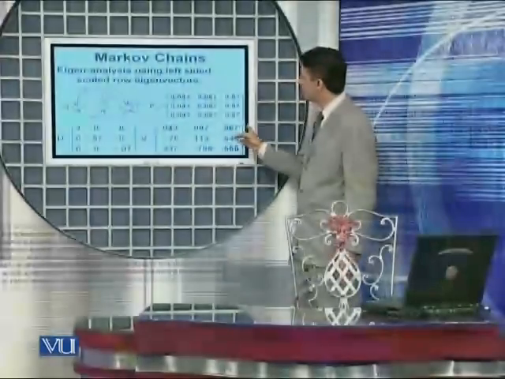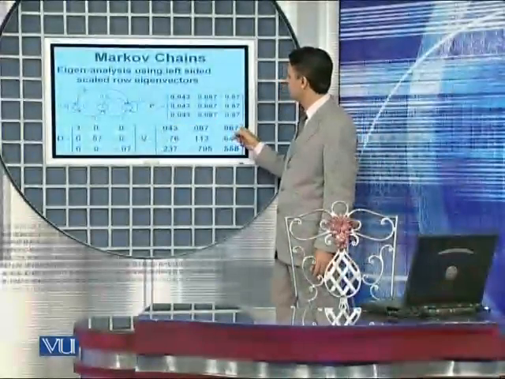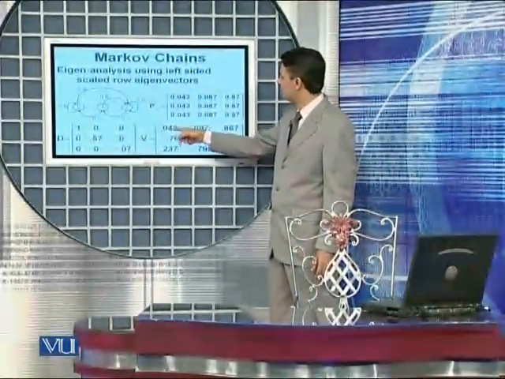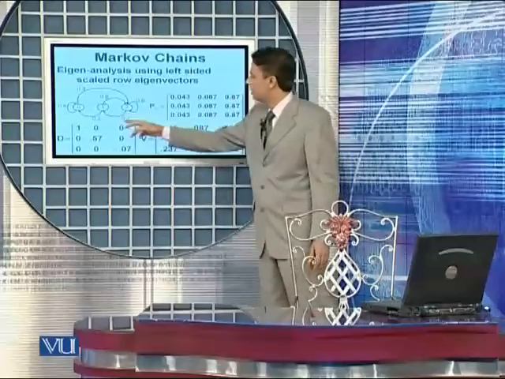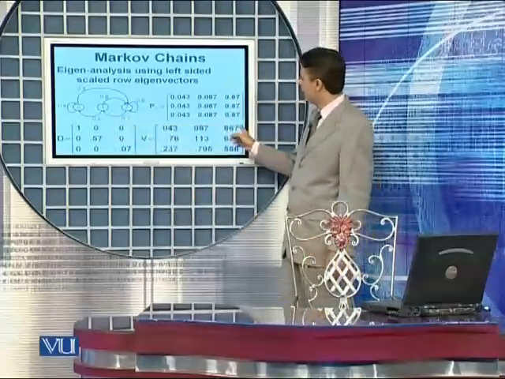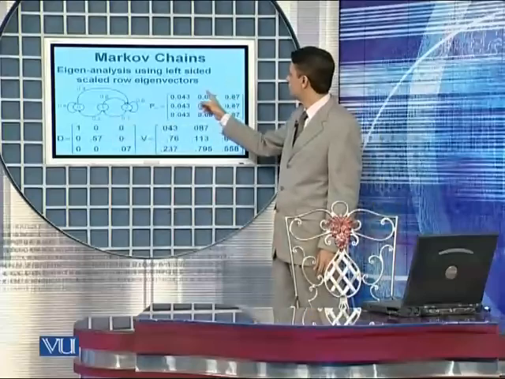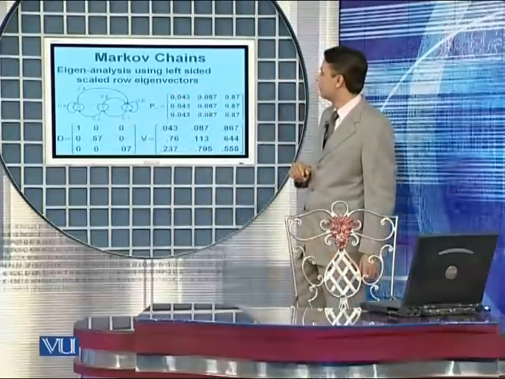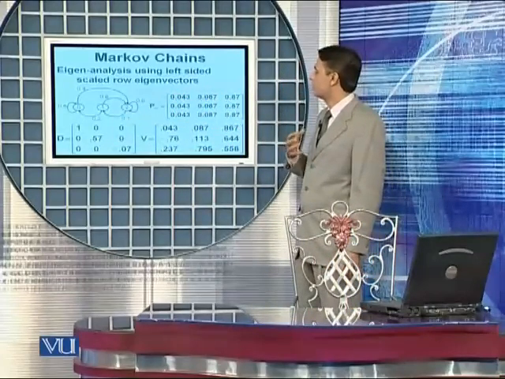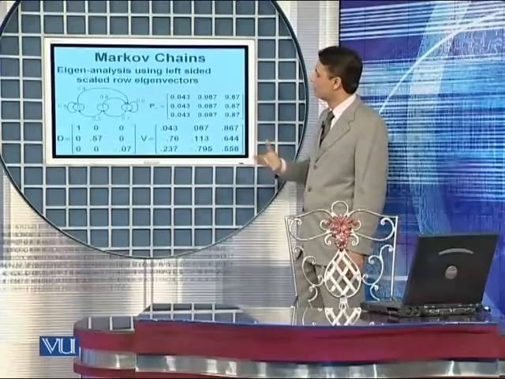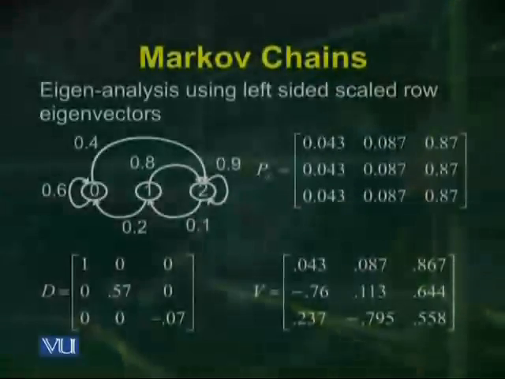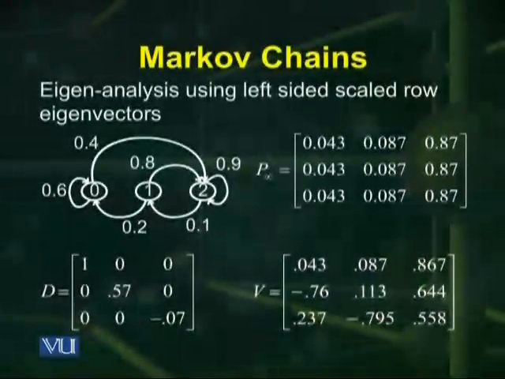And if you divide only the top row by that number, you get this new row, which is again an eigenvector corresponding to eigenvalue 1, and this is exactly equal to this row vector, which is the stationary, invariant probability distribution of this simple recurrent Markov chain.